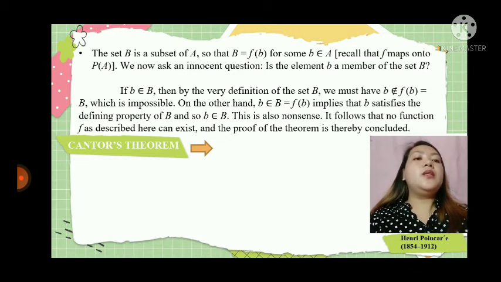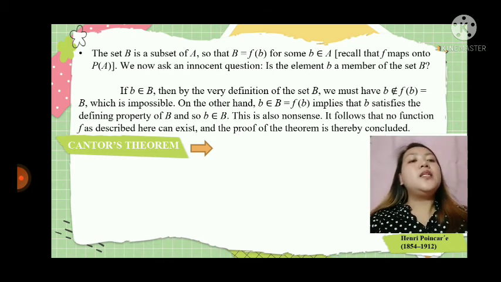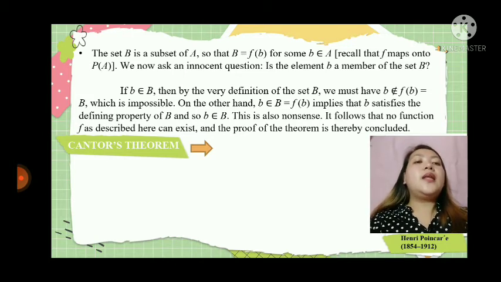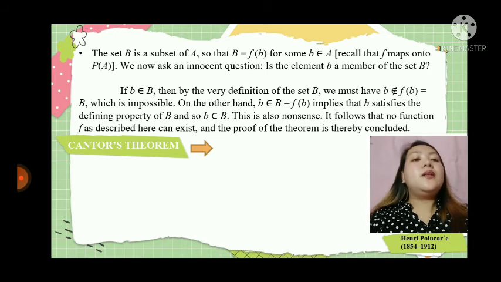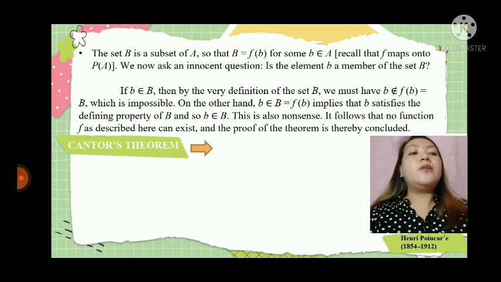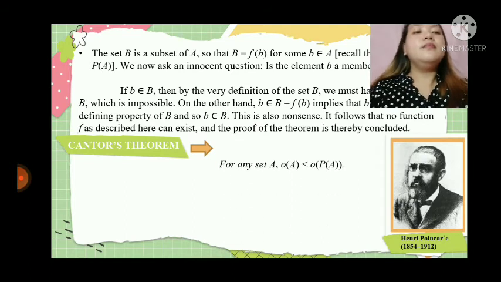On the other hand, if b is not an element of B = f(b), then b satisfies the defining property of B, so b is an element of B. This is also nonsense. It follows that no function f as described here can exist, and the proof of the theorem is hereby concluded.